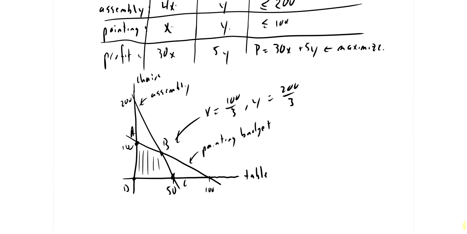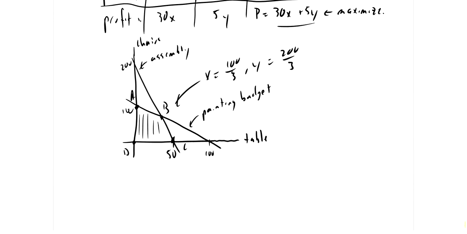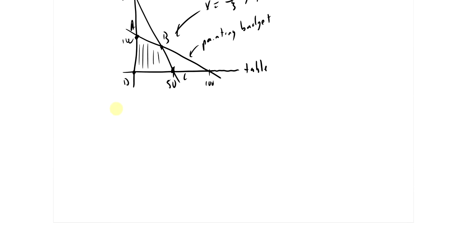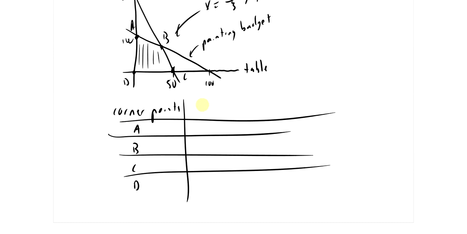So, great. Once we're at this point, we know all the corner points. How do we maximize something? Well, we have to set up our table. Corner points, A, B, C, D. And then what are the coordinates?